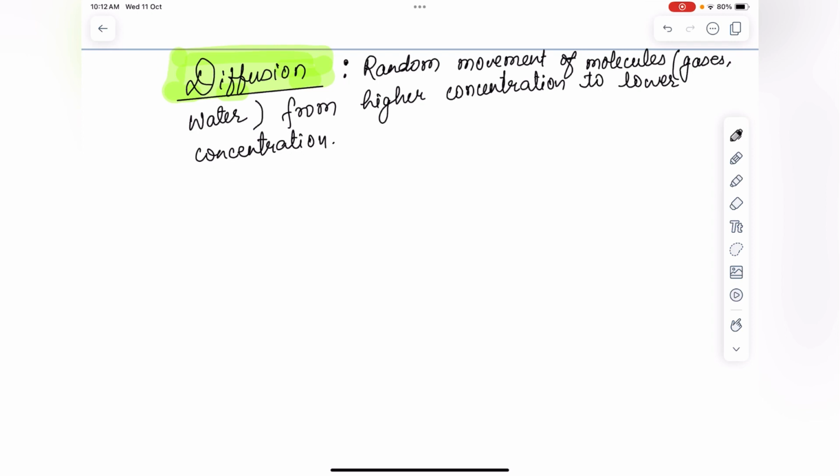Random movement of molecules: if here is higher concentration, it will move to the lower concentration.